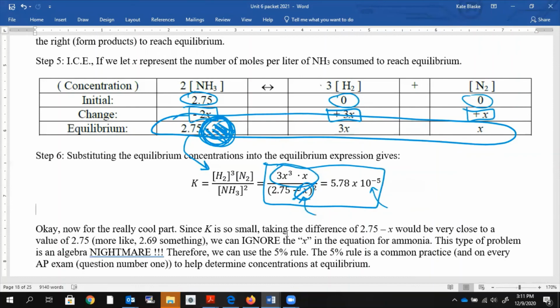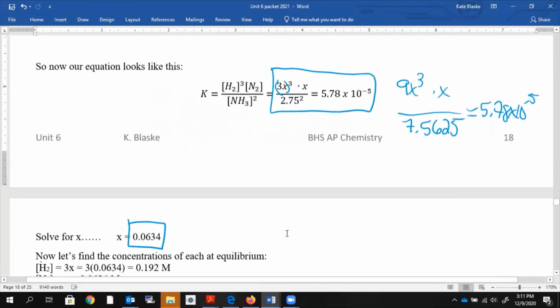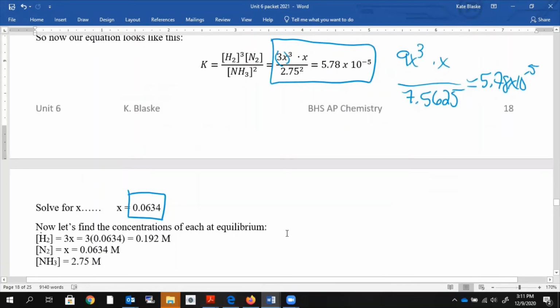Now, if I actually went ahead and subtracted that value away, 2.75 minus 0.0634, I get 2.68, 2.69 basically. What we're saying is that small difference in my concentration is less than 5% of my total answer. So I'm not going to worry about it too much.